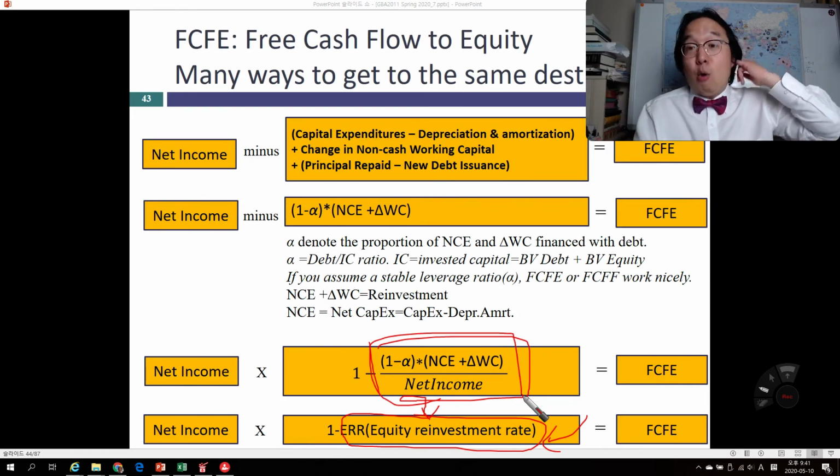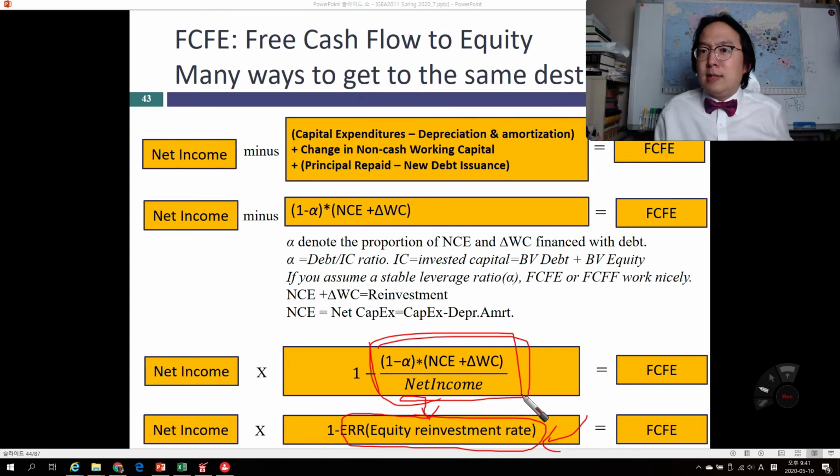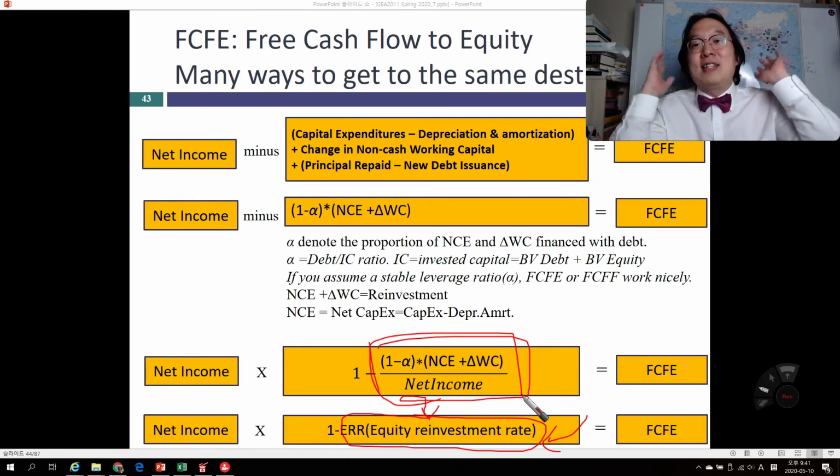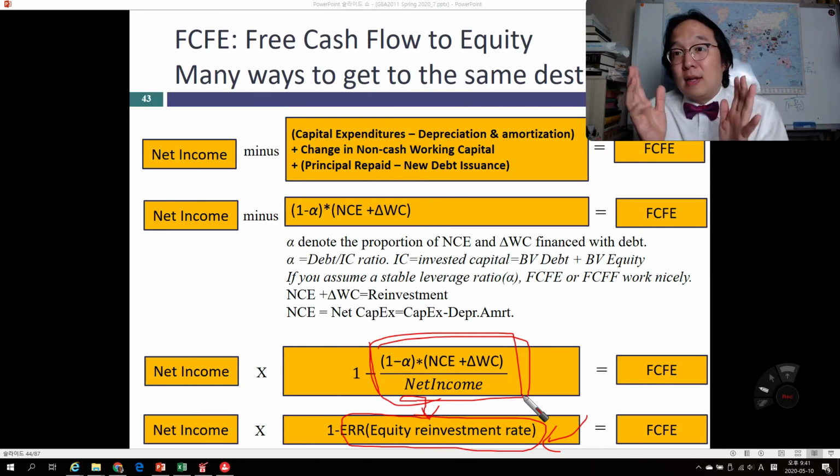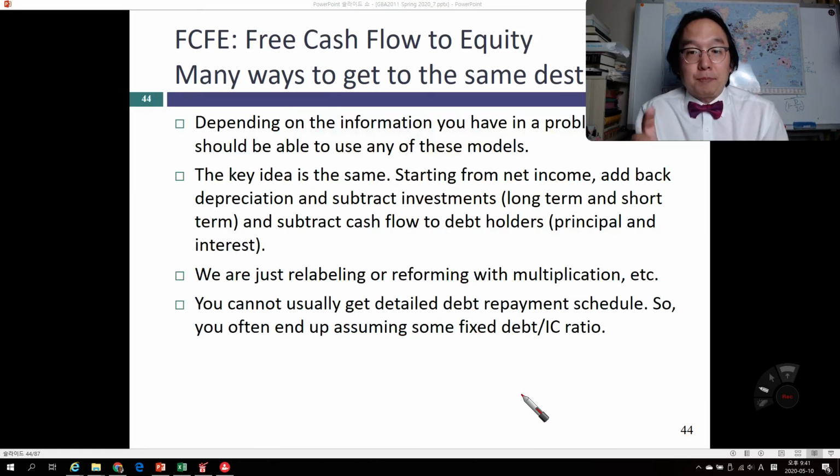Doesn't that mean that value is imprecise and going nowhere? Not really. We are not going anywhere anyway. This is estimation in the first place, but getting to that number easily takes you a long way. Now, free cash flow to equity.